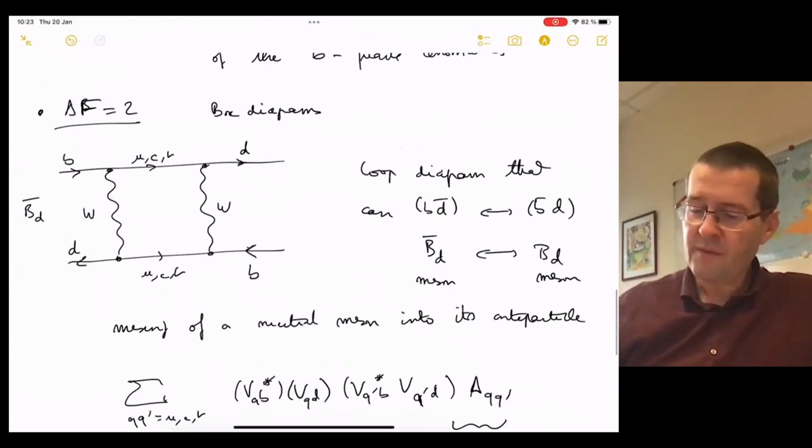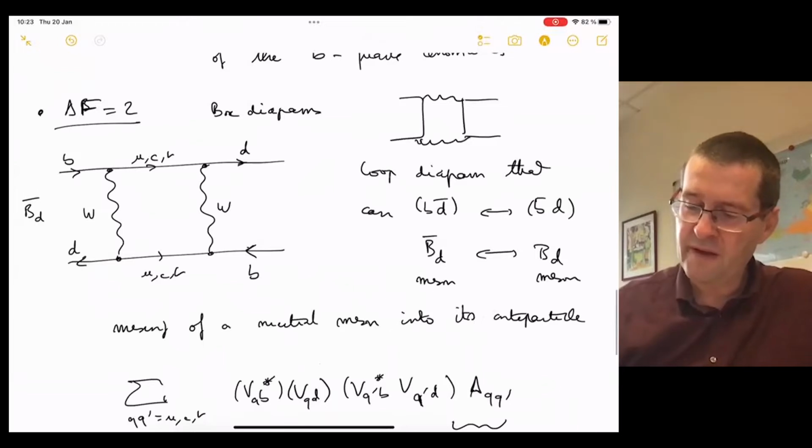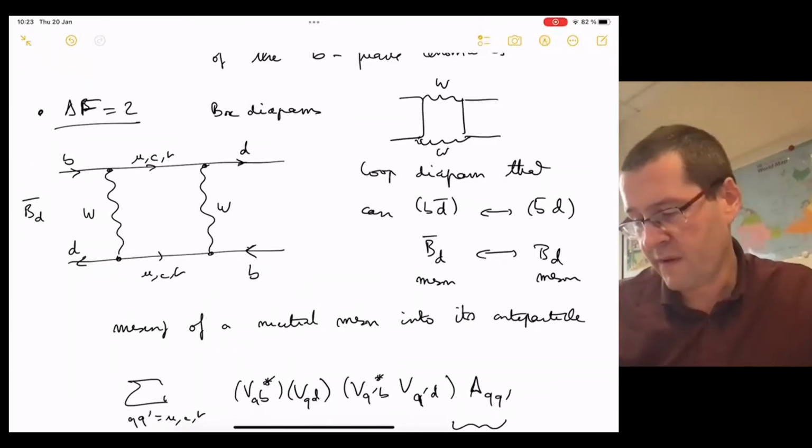I'm simplifying here. Obviously, you could imagine doing exactly the same thing with the W's placed the other way, and that would be the same kind of discussion.